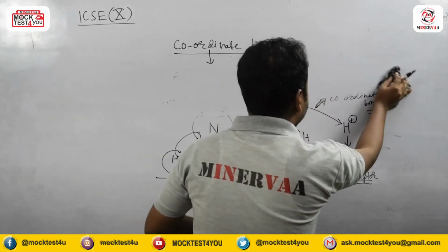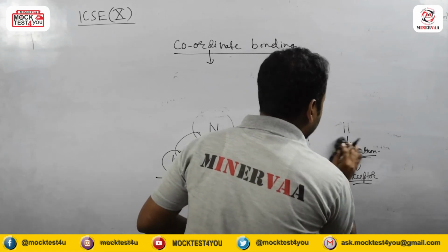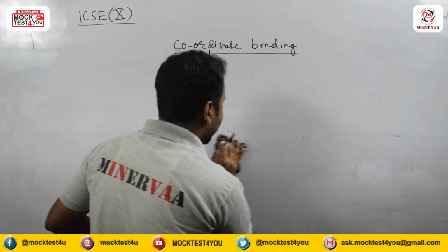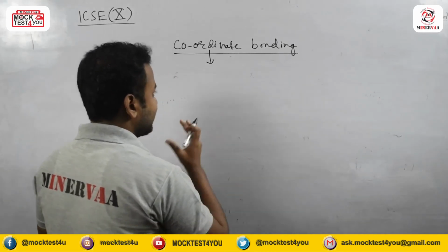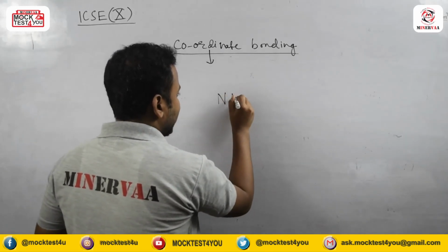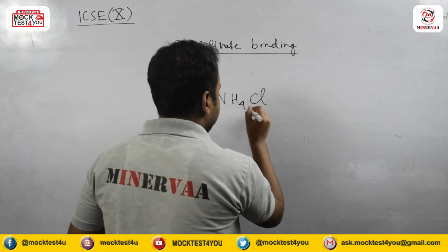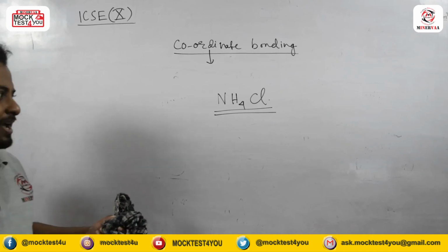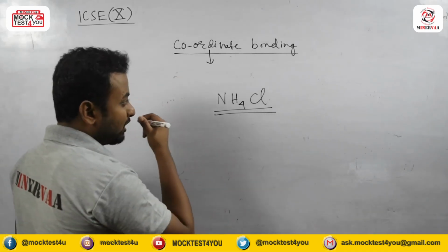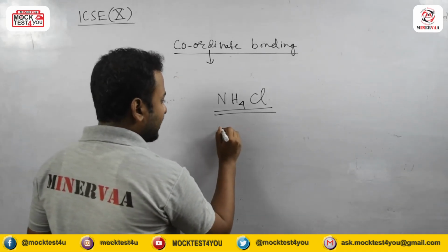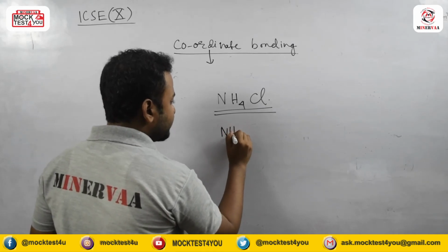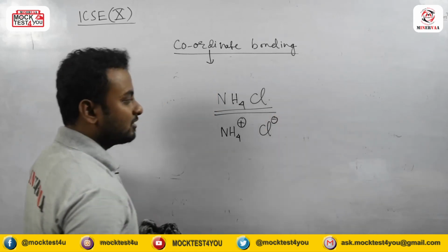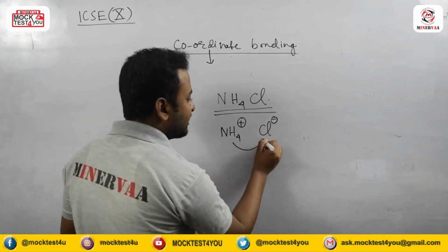Now we'll see a compound which has all the types of bonding: ionic bonding, covalent bonding and coordinate bonding. That is NH4Cl. So if someone asks you to give an example of a compound which contains all kinds of bonding, we have 2 types of ion, NH4 plus and Cl minus. So there will be an ionic bond between them, right?